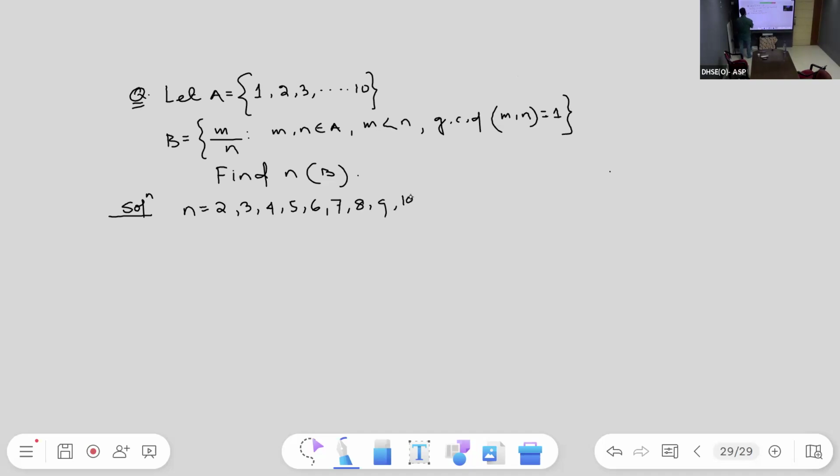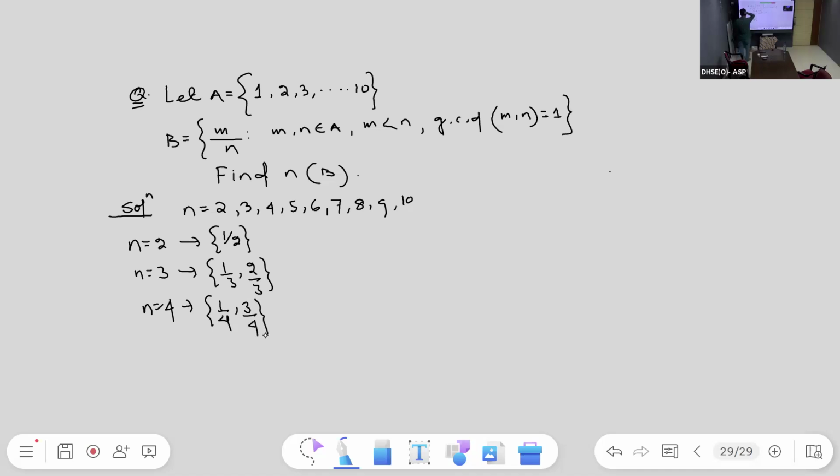If n is equal to 2, then there is only one fraction, that is 1 by 2. If n is equal to 3, there are two possibilities: 1 by 3 and 2 by 3. If n is equal to 4, then two possibilities, 1 by 4 and 3 by 4, since GCD of m and n is 1.